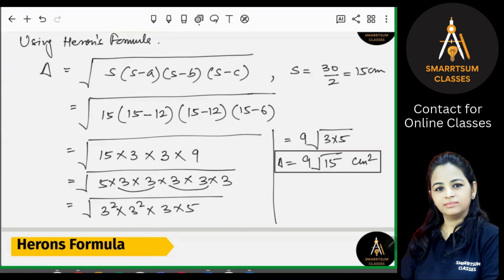Is that clear? If you want to find the exact value, in that case you have to find the square root of 15. What is the square root of 15?